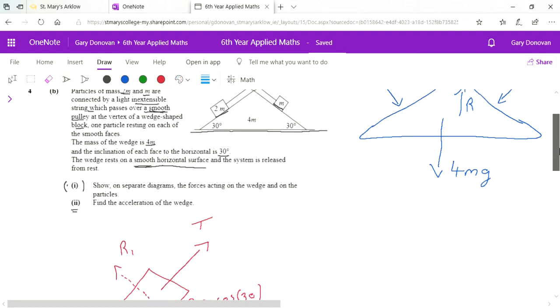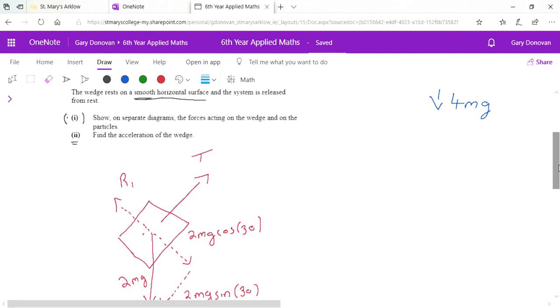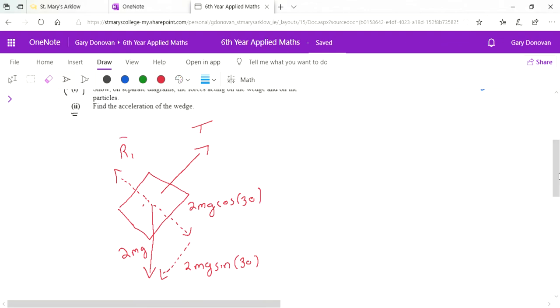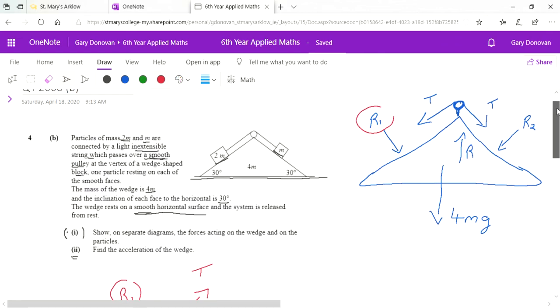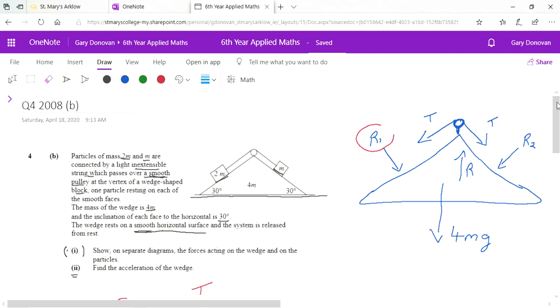In previous questions, we've looked at the situation where the wedge is not moving, and we were able to say that R1 is equal to 2mg cos 30. But in this question we can't. The reason is that when you look at this whole situation, there's a force pushing down here, R1, and a force pushing down here, R2. Both of those forces are going to have horizontal components.